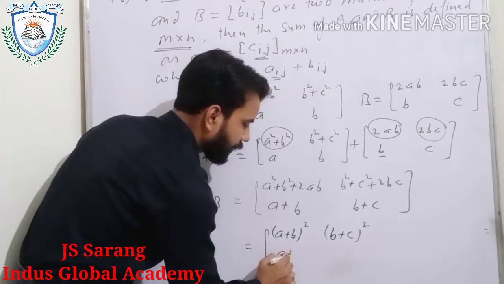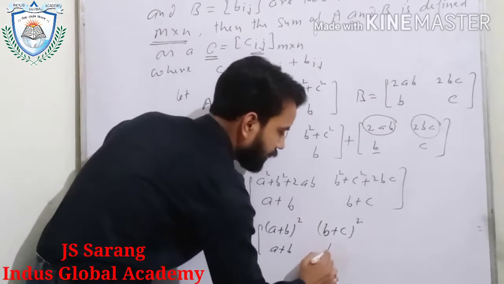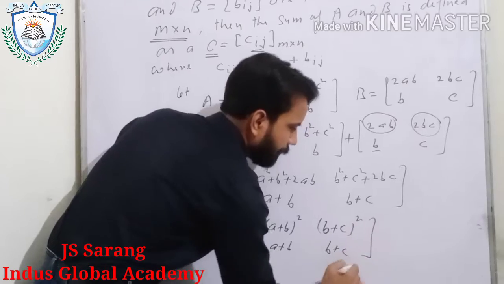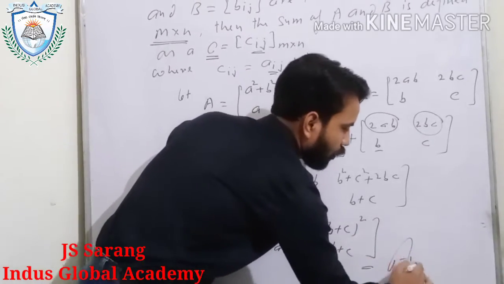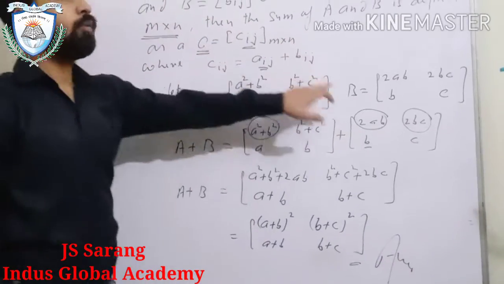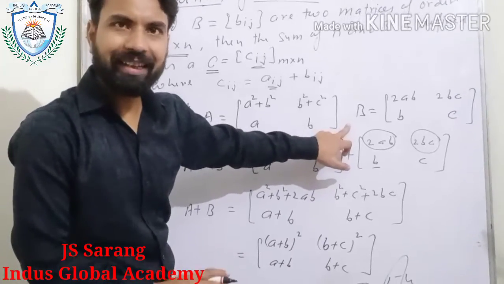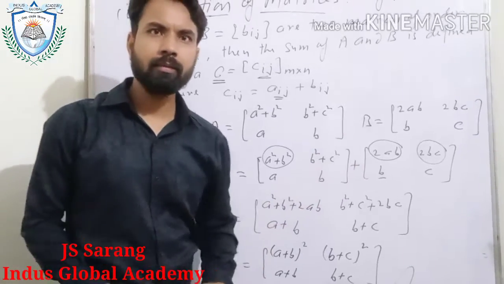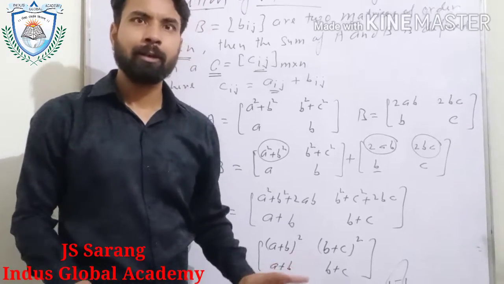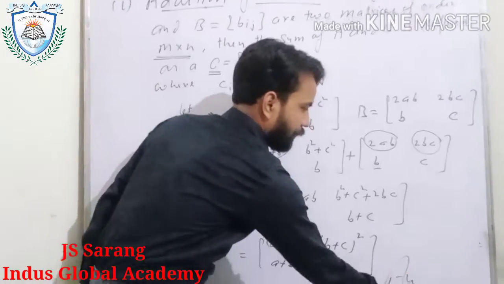The second row is A plus B, and B plus C. Now this is the sum of these two matrices. Understood? Hope you are understanding it. Any doubt? All clear? Okay, that's good.